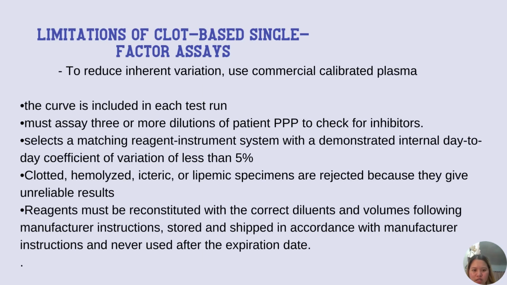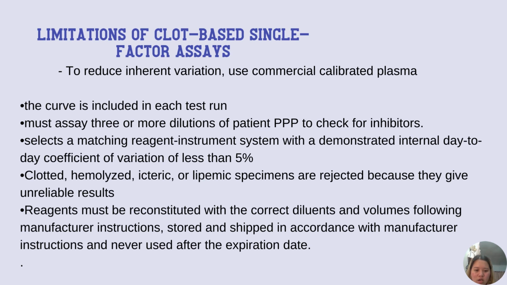So, for limitations of clot-based single-factor assays, to reduce inherent variation, use commercial calibration plasma. The curve is included in each test run, and you must assay 3 or more dilutions of patient PPP to check for inhibitors. Select a matching reagent instrument system with a demonstrated internal day-to-day coefficient of variation of less than 5%.